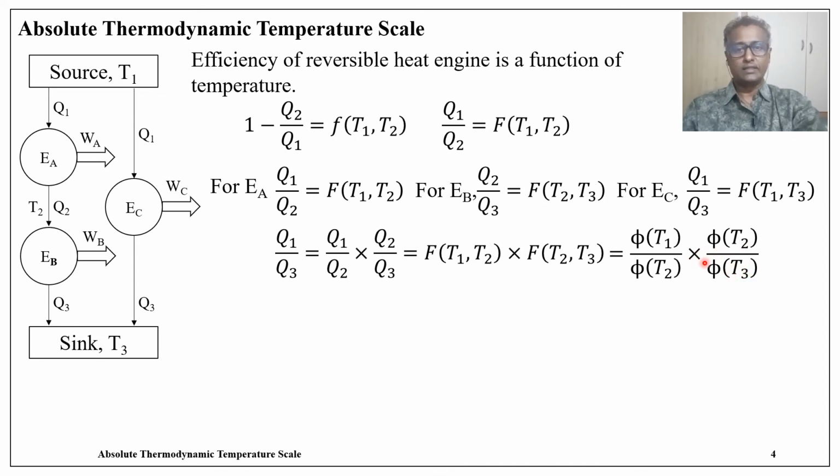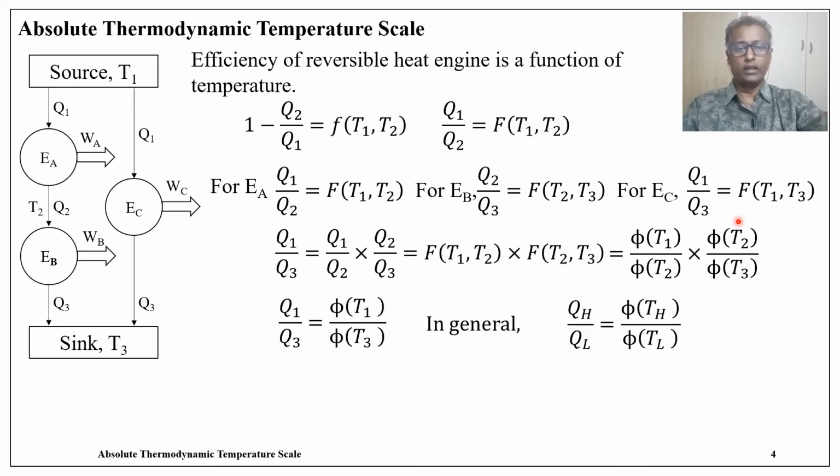So phi is some other new function. This T2 cancels and we get Q1 by Q3 is equal to phi of T1 divided by phi of T3. Or in general, we can write QH divided by QL is equal to phi of TH divided by phi of TL. QH is the heat supplied, QL is the heat rejected. H stands for the reservoir at higher temperature, L stands for the reservoir at lower temperature, and TH and TL are the temperatures of the corresponding reservoirs.